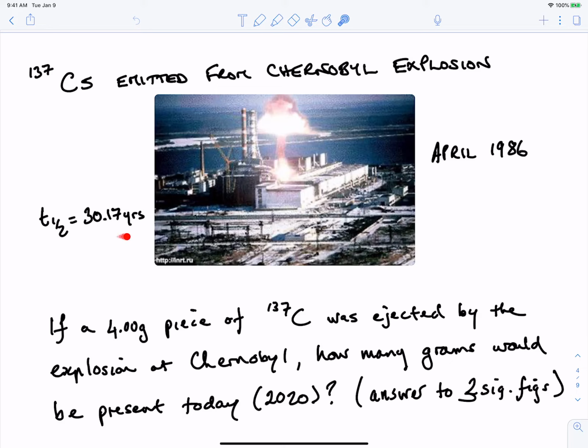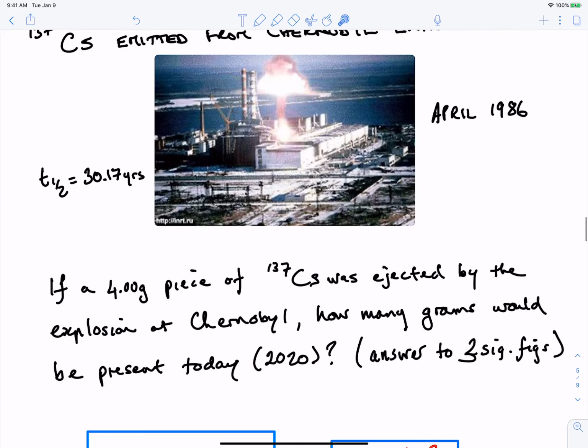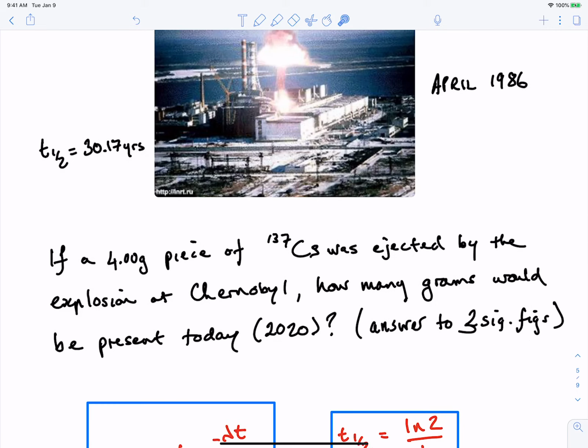And so the half-life of cesium-137 is 30.17 years. And so we could ask the question, if a 4-gram piece of cesium-137 was ejected from the explosion at Chernobyl, how many grams would be present today in 2020 after this had decayed? And the answer should be in 3 significant figures.